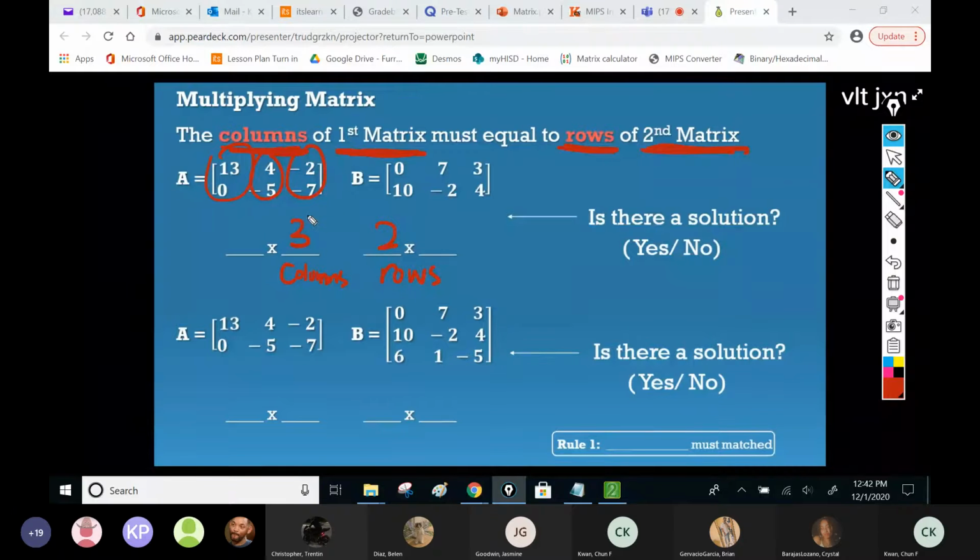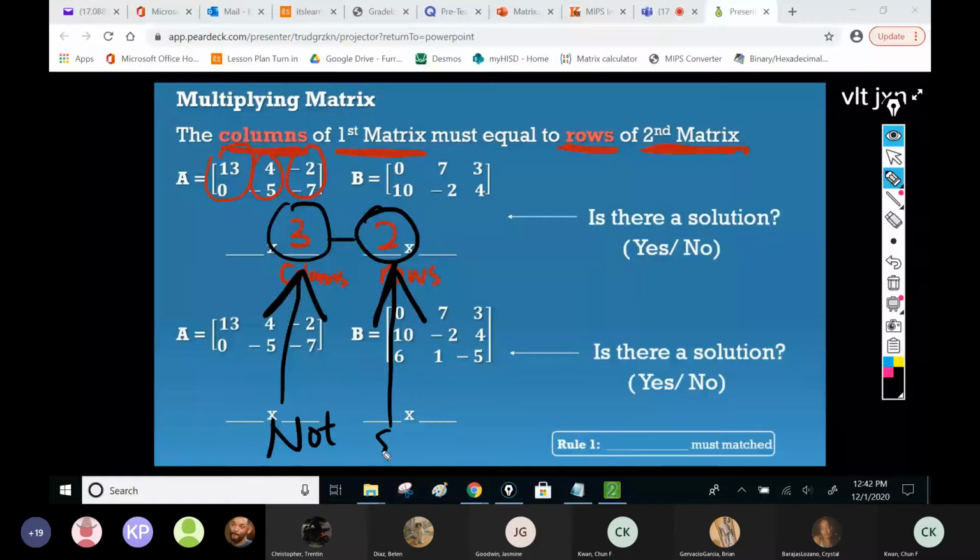So these two numbers need to be the same for it to have a solution. In this case, they're not the same because one of them is a 3, the other one is a 2. They don't match. If the numbers don't match, there's no solution. So you've got to make sure these two numbers match in order for them to have a solution.